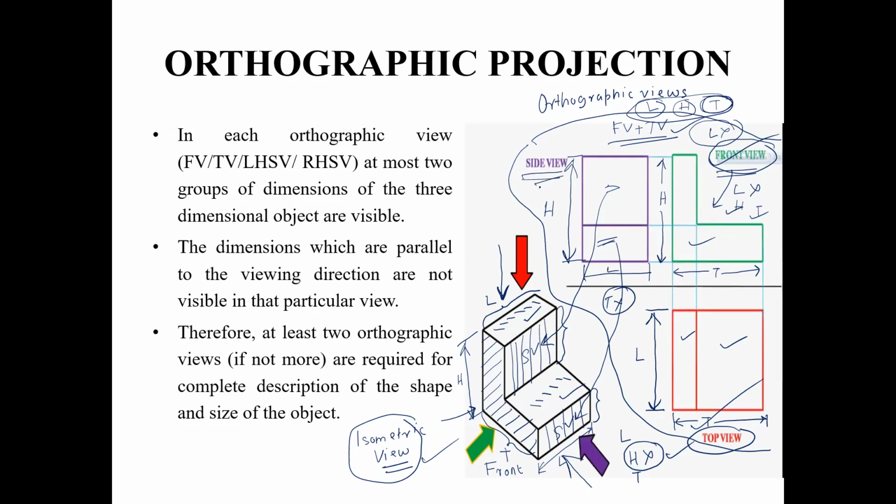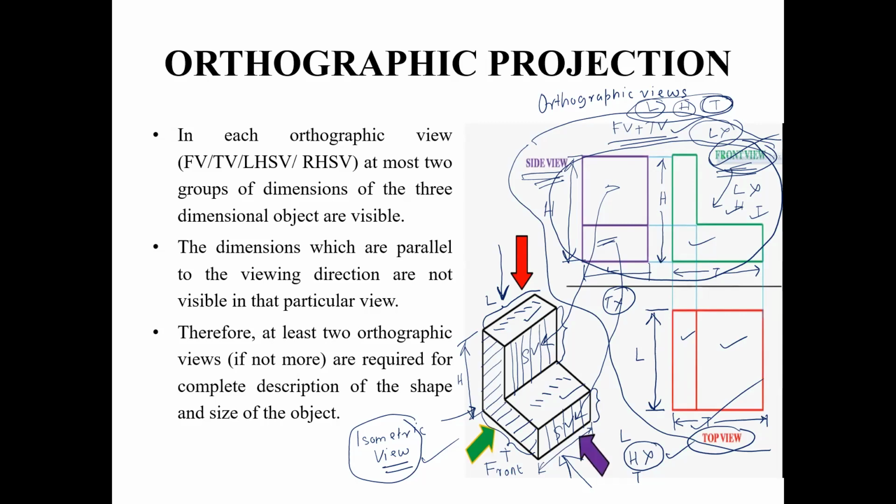So again, side view is not sufficient, front view is not sufficient, but if you work with the combination of these two views, then you have all the information, length, height, thickness, everything. That is why in orthographic projection, you always need at least two views in order to describe the shape and size of the object completely. One view is never sufficient for serving this purpose.